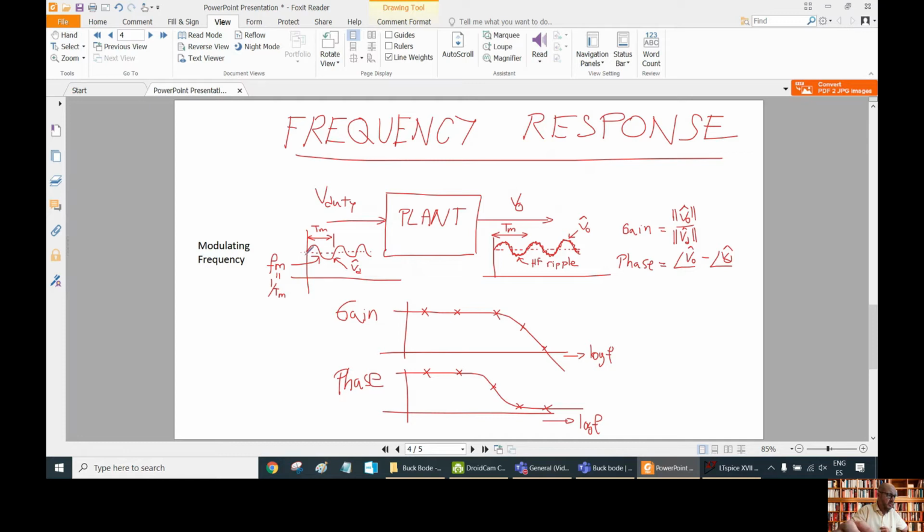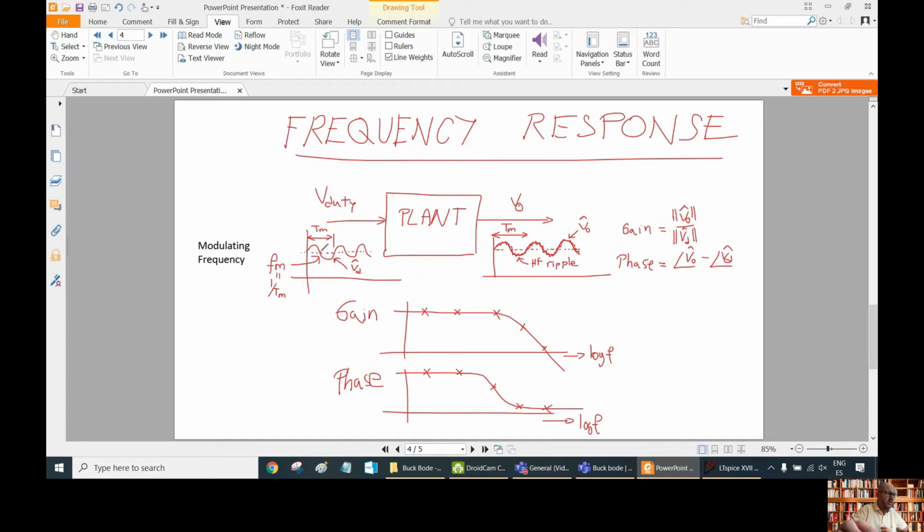Then, superposed to the DC value, we add a modulating sinusoidal waveform with a small amplitude. We are going to name this VD, and this would be at the modulating frequency.